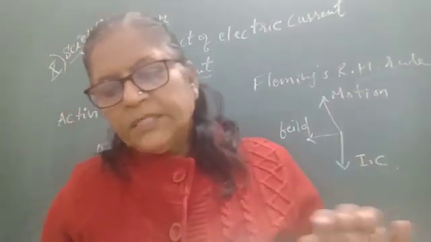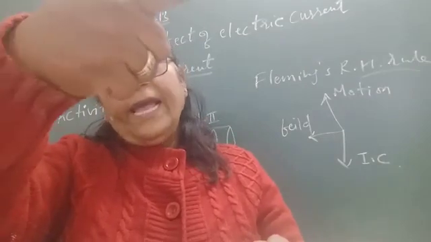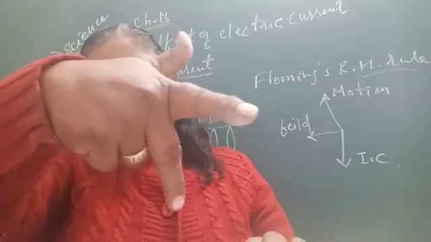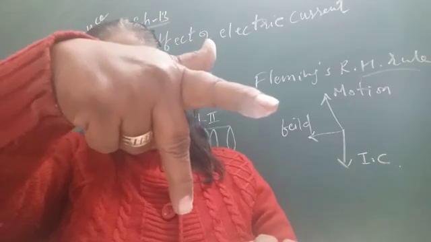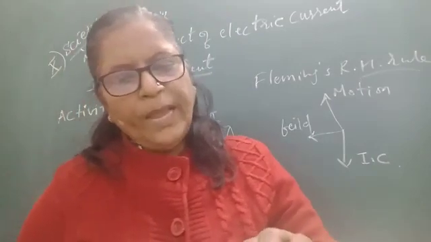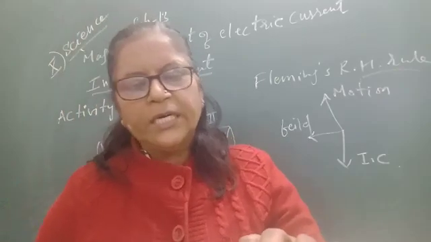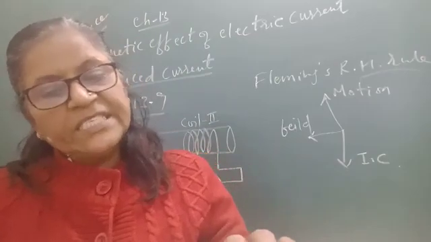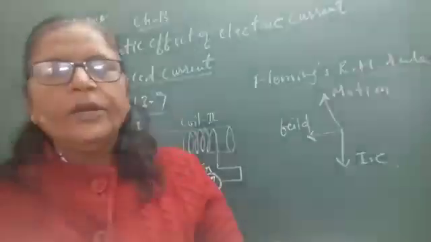So the thumb shows the movement of the conductor, the forefinger at right angle shows the magnetic field, and the middle finger shows the current induced in the conductor. Is it clear? So the forefinger shows the direction of magnetic field, the thumb shows the direction of motion of the conductor, and the middle finger shows the direction of induced current. This simple rule is called Fleming's right hand rule.